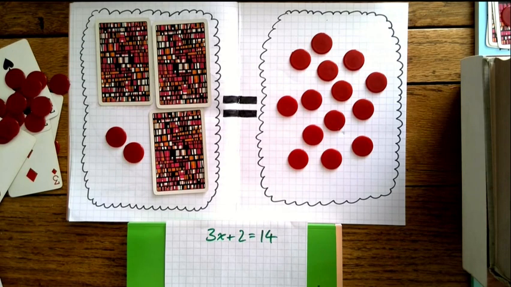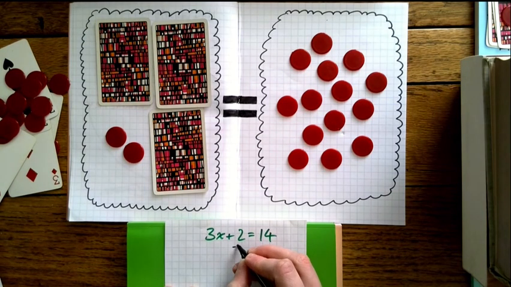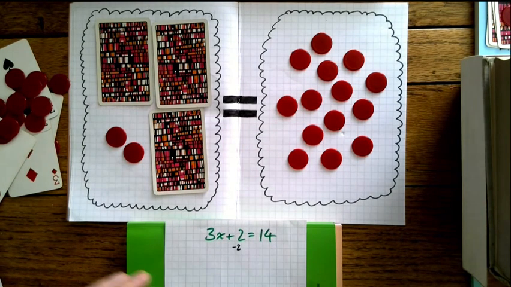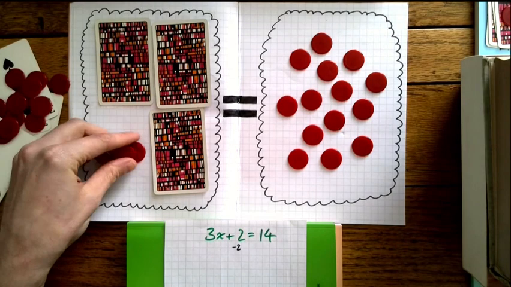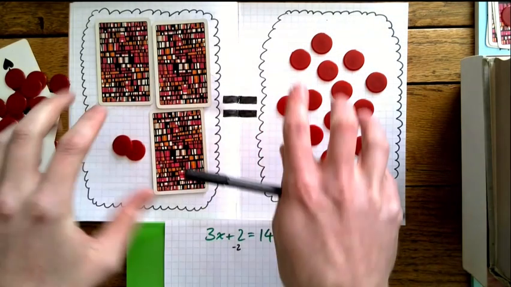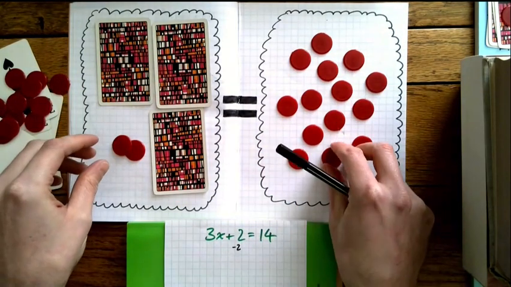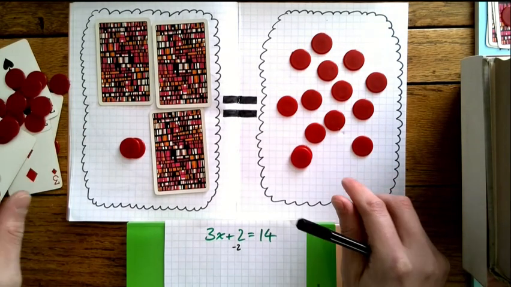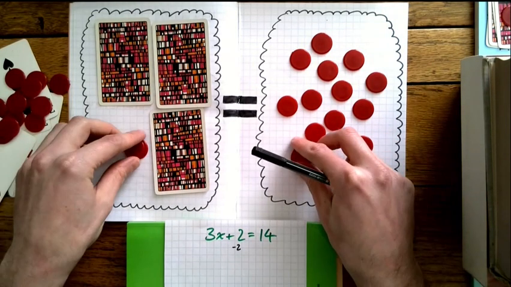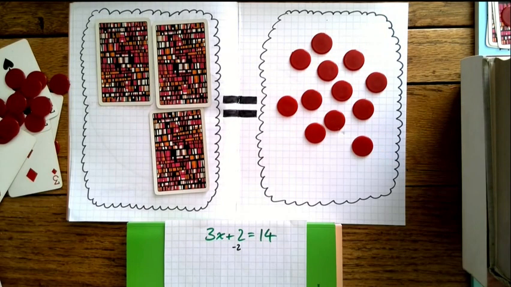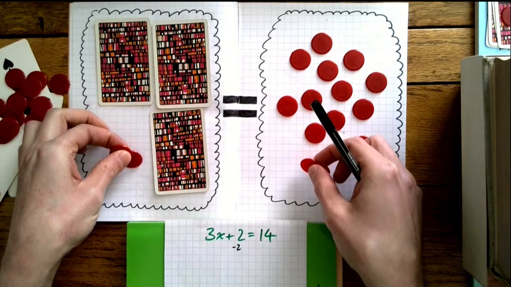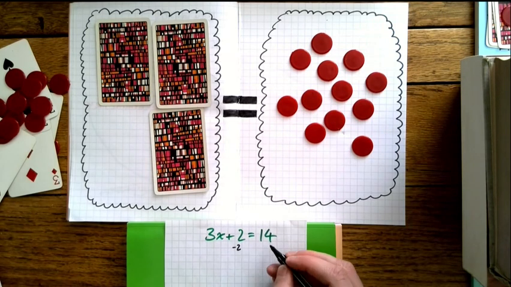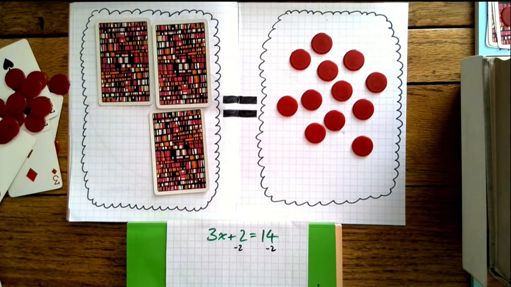We do the opposite. How do we get rid of plus 2? We take away 2. But if I'm taking away 2 counters from this side, and I still want these to be equal, I'm going to need to take them away at exactly the same time, else they won't be equal anymore. Like that. There was 2, and we've taken away both at the same time, so that they stay equal.